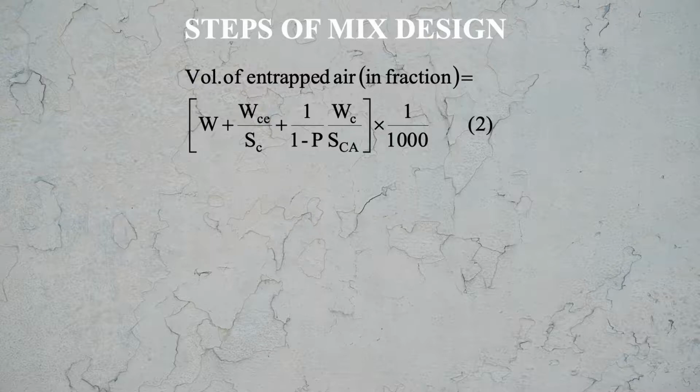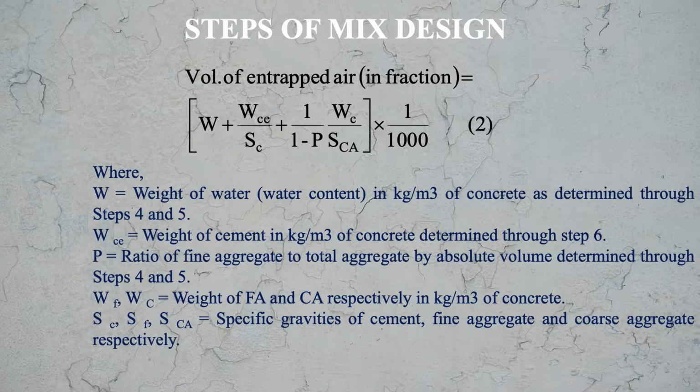Here, let us see what are the different terms. W is the weight of water, meaning the water content in kg per meter cube of concrete as determined through step 4 and 5. WCE is the weight of cement in kg per meter cube of concrete determined through step 6.